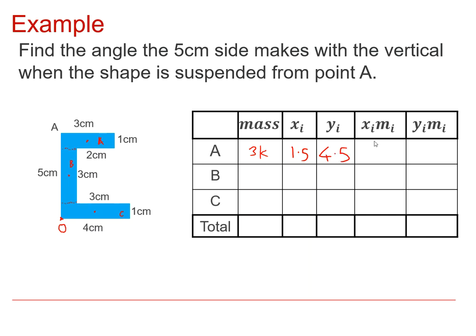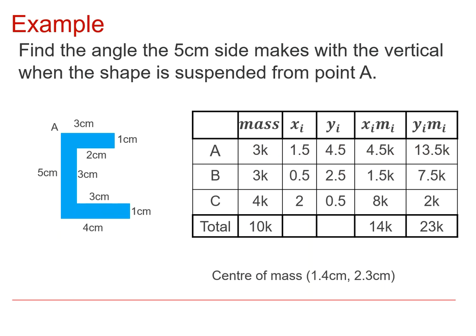And then we multiply each of those by the mass, so 3k times 1.5 will be 4.5k, and then 3k times 4.5 will be 13.5k. And then we can keep going in this manner.